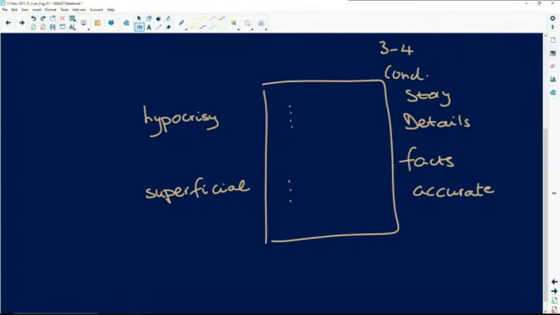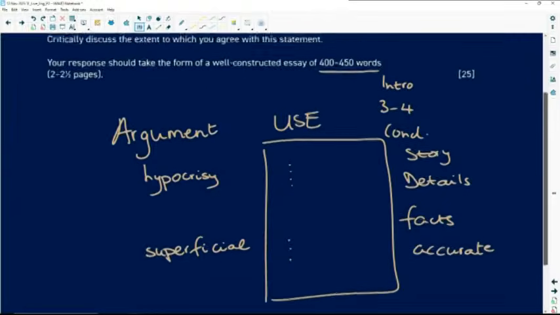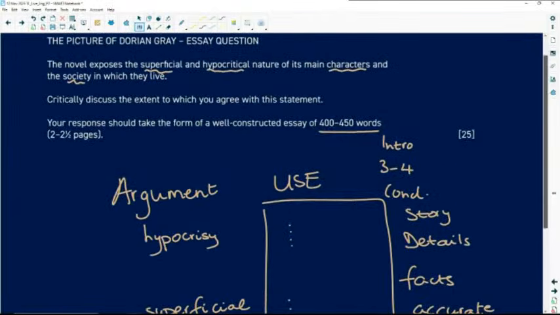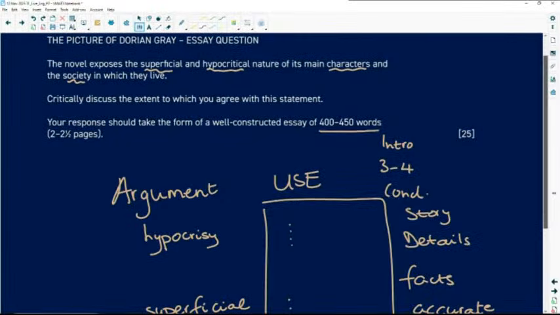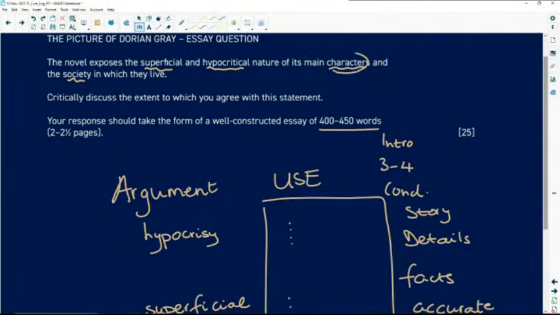But you're going to use these details to support an argument. And your argument, not the topic, you've got to ask yourself, what makes the characters or the society hypocritical? What makes them?